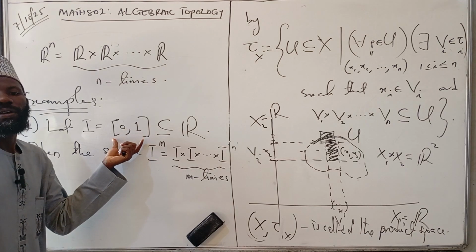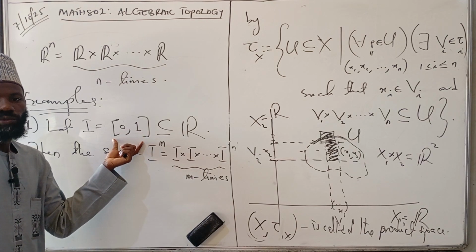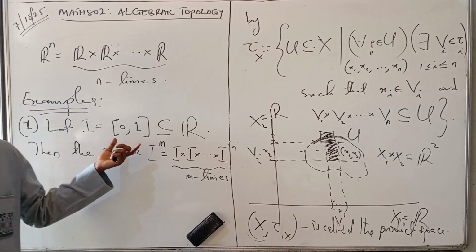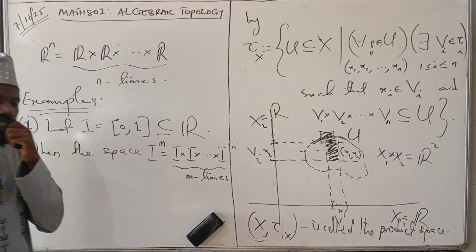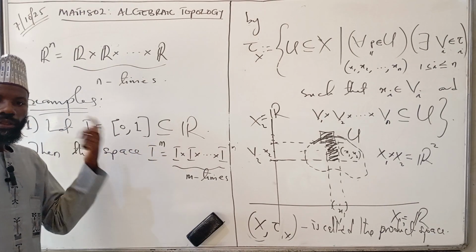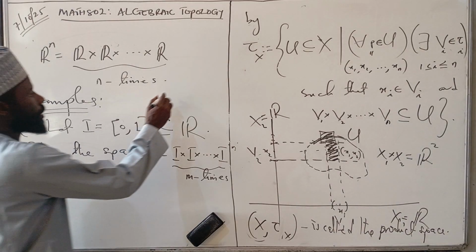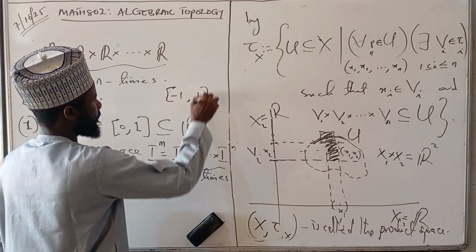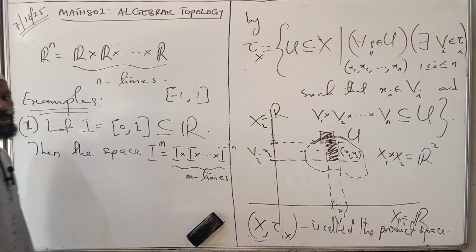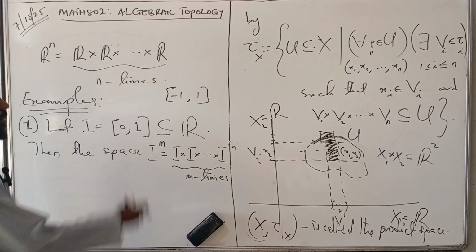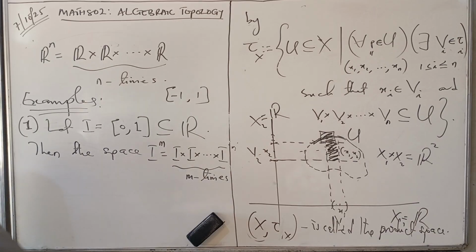In fact, it is a ball, okay? It doesn't matter actually, because I have told you it's homeomorphic to the one ball. Remember, one ball is minus 1, 1. But these things are homeomorphic. But it's not homeomorphic to R, because of what I mentioned. Okay?